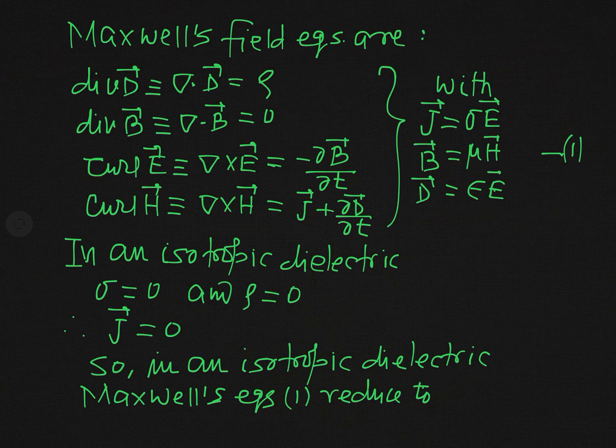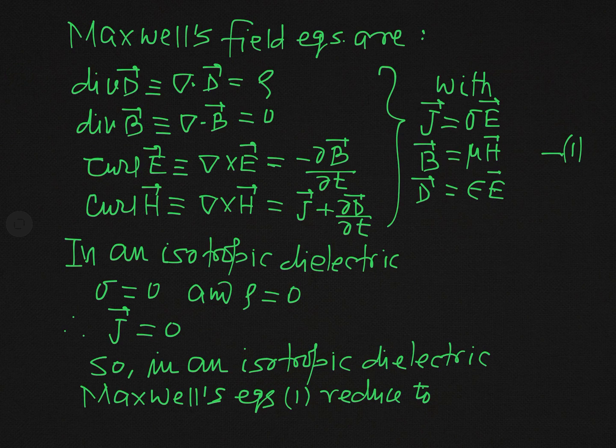So after these substitutions, what are the Maxwell's field equations in isotropic dielectric medium? You can see we will replace D by epsilon E, and on the RHS there is rho, which is 0. So this will be simply epsilon into divergence E equal to 0, and as epsilon is a non-zero constant, that will be simply divergence E equal to 0.